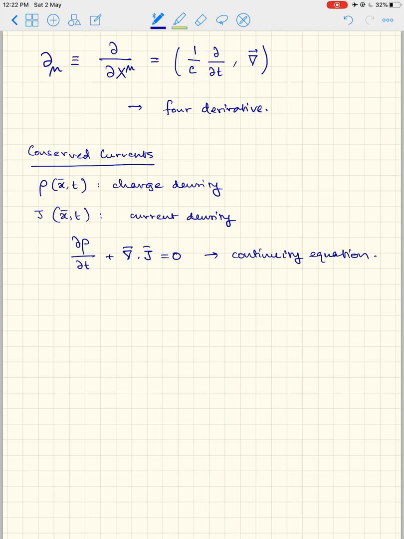This was the continuity equation. Right? So now let's try and see. This is already consistent with the special theory of relativity. So let's see how that's the case.